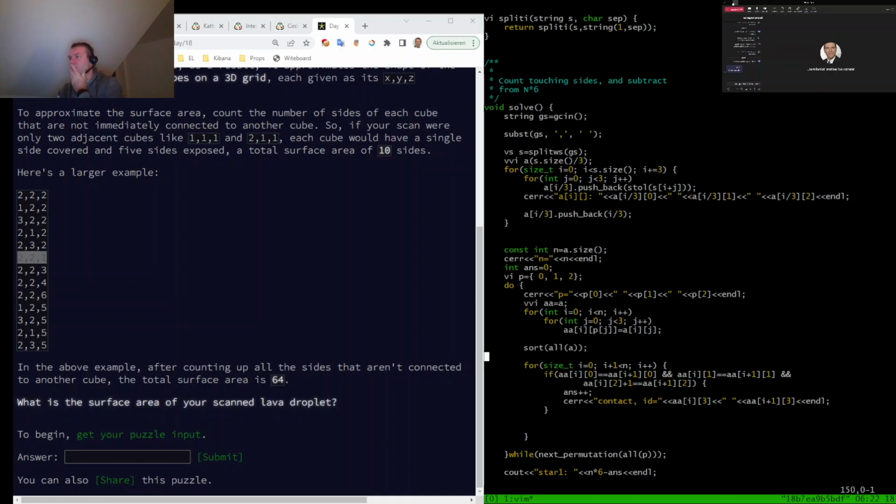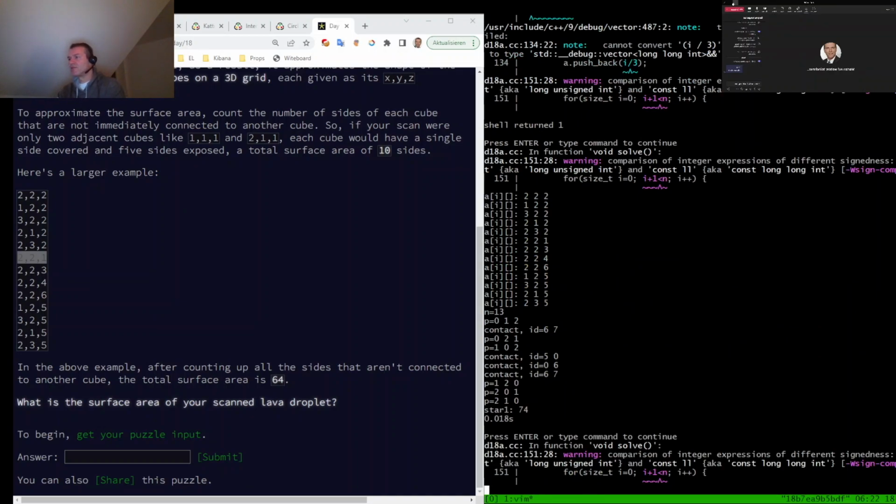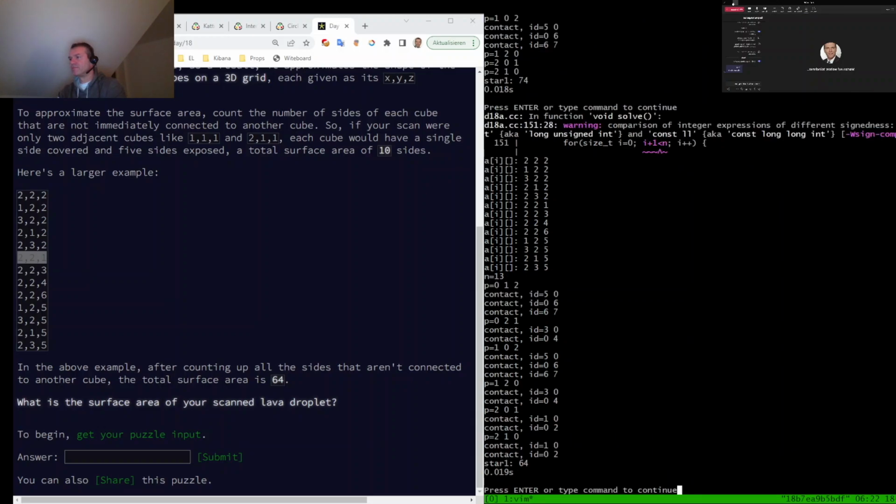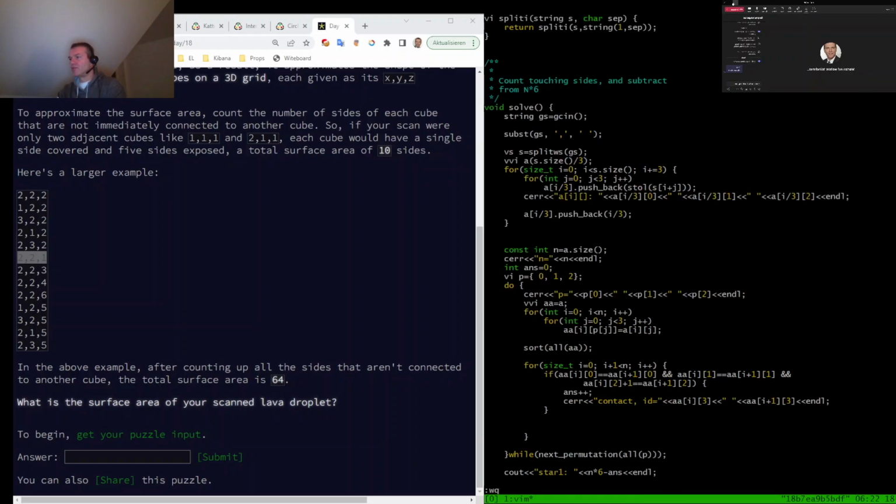I sort all AA. Wow, I sorted the wrong array. Now it seems to work.